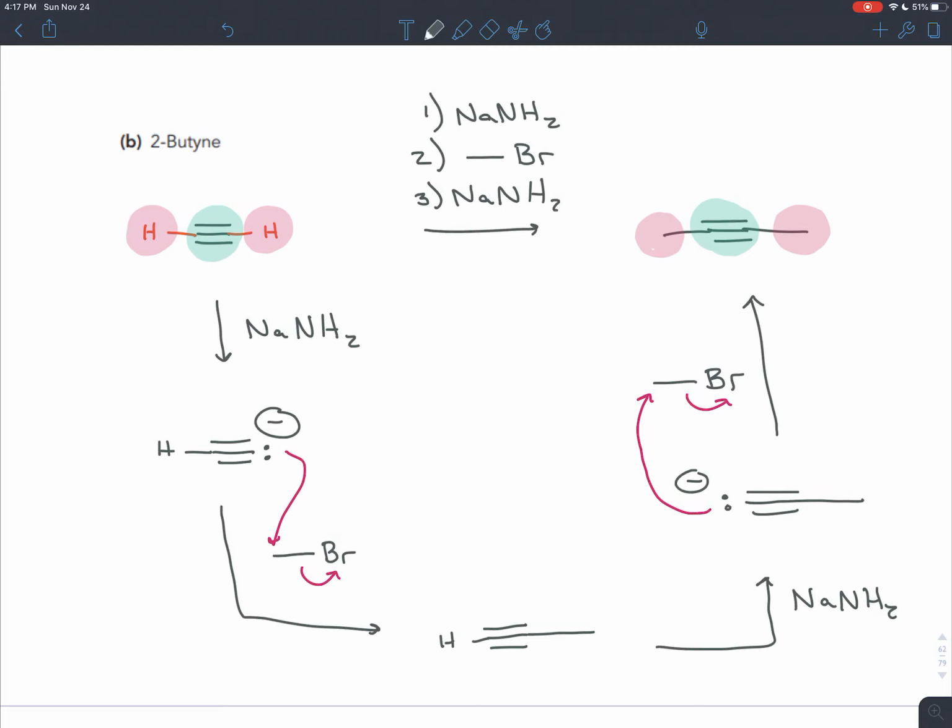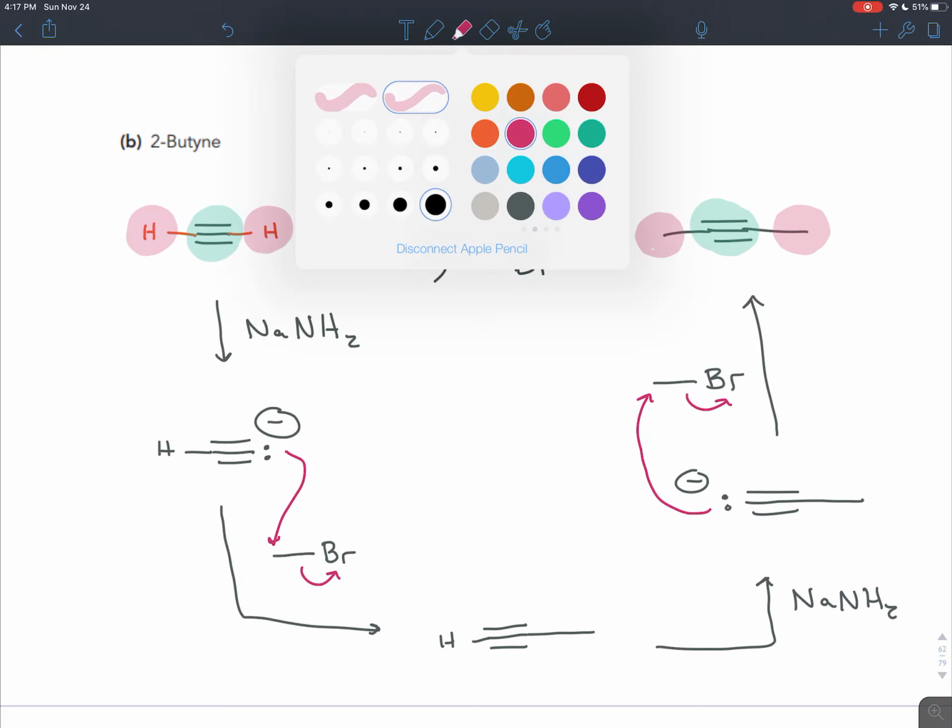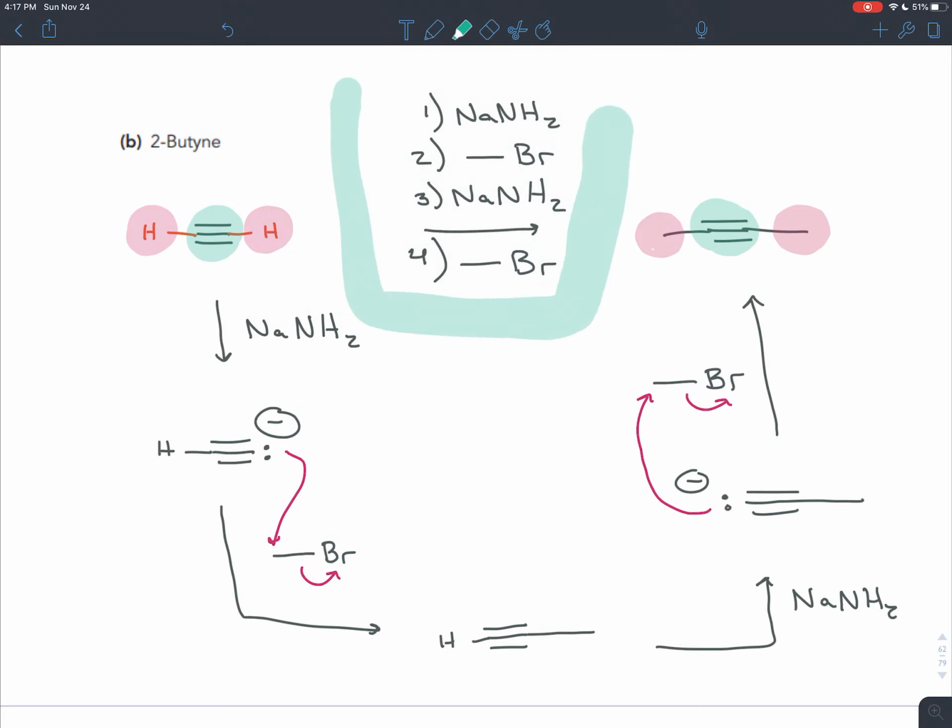Again, notice this is a separate step though. And finally, you treat the molecule, this carbon nucleophile that you made, yet again with methyl iodide or methyl bromide, because we want to replace the hydrogen with a methyl group. So we want just 1 carbon there with a leaving group on it. And this would be the full recipe for turning acetylene into 2-butyne.